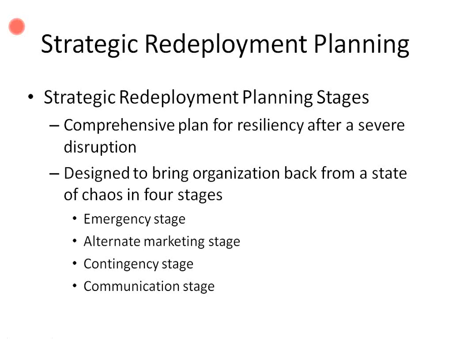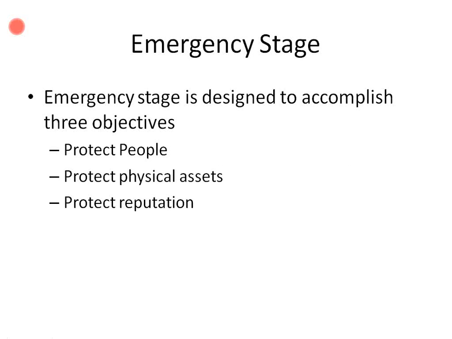Again, those are the 4. Most likely, there will be a question on how you bring back from chaos in 4 stages. The idea is that there's something going on that is somewhat out of our control. How do we regain control, whether it be of the message or what we're trying to do as an organization?